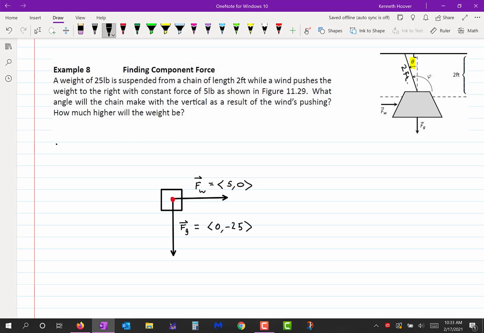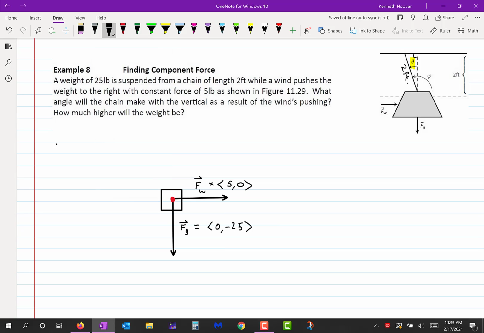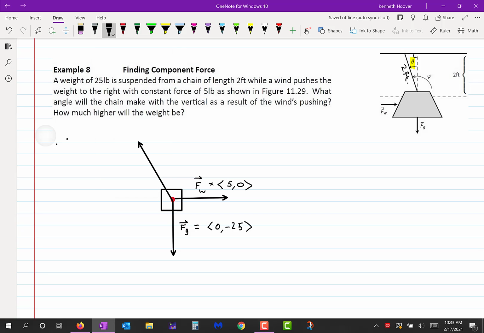Okay, what other force do we have? We have a tension force from a chain. Right about like that, correct? At an unknown angle off of vertical, we just call that theta.